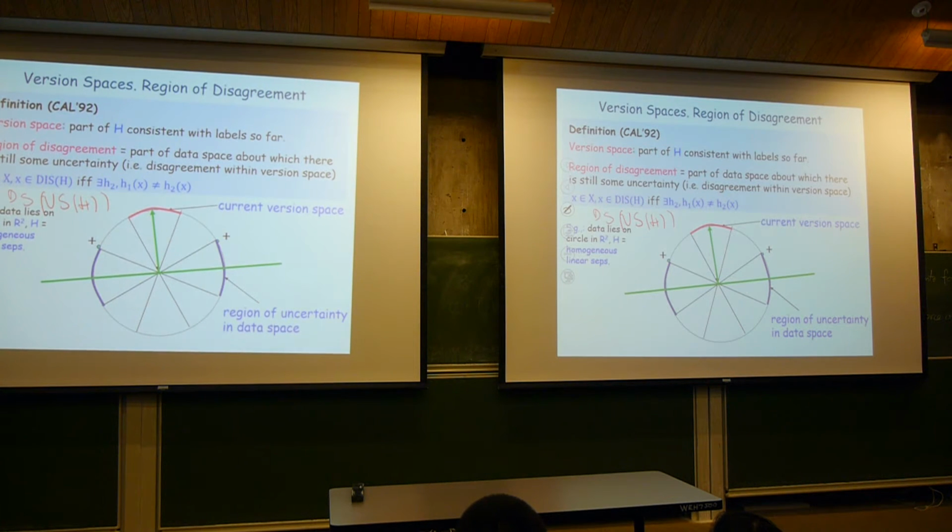So if I have a set of surviving classifiers like this one over here, the region of disagreement is the part of the instance space where there exist two classifiers that disagree on that point. A point here is in the region of disagreement of a set of classifiers if there exist two classifiers in the set that disagree about the label. That's the definition of the region of disagreement.